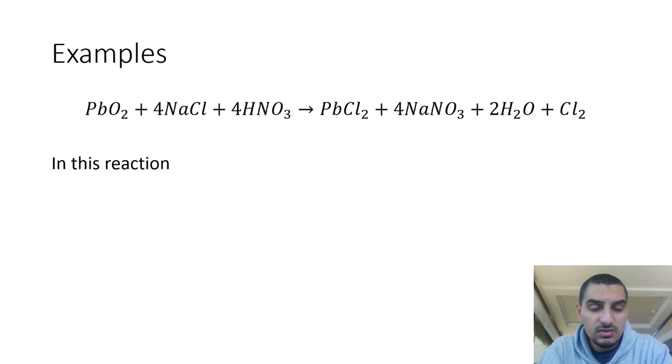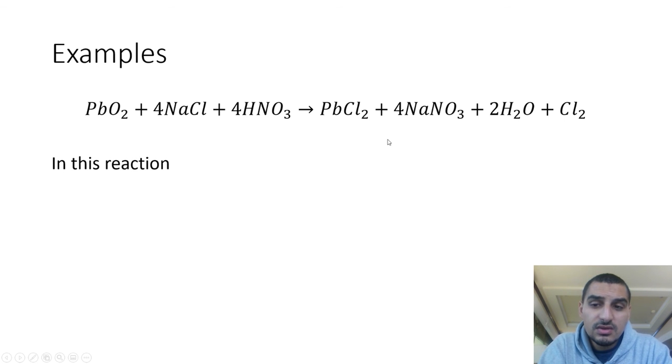Let's take a look at the chlorine first. So the chlorine lost 2 electrons, which means that it got oxidized. So the chlorine is oxidized.